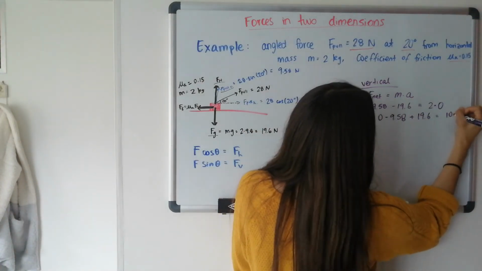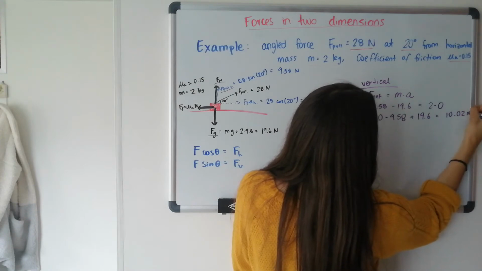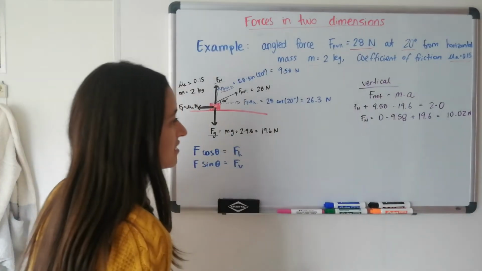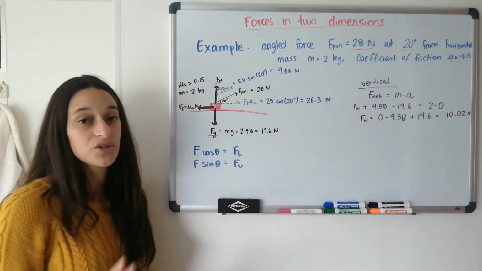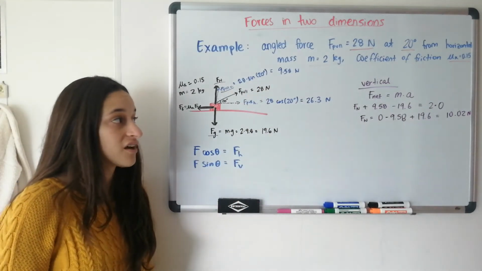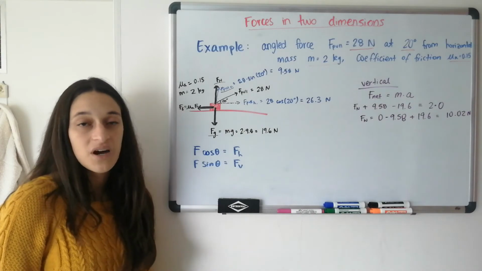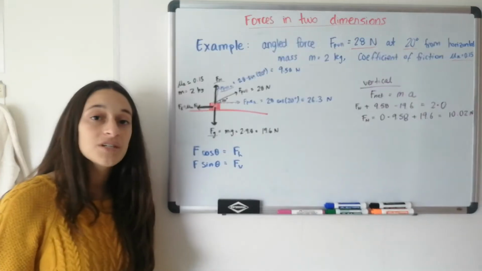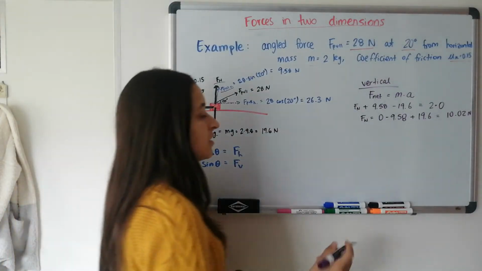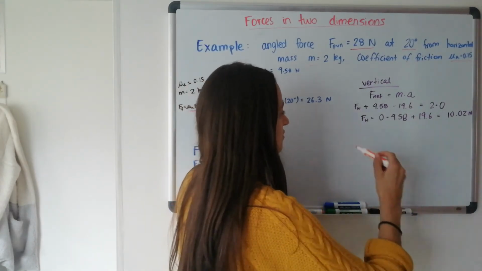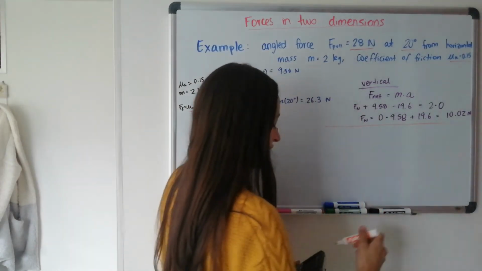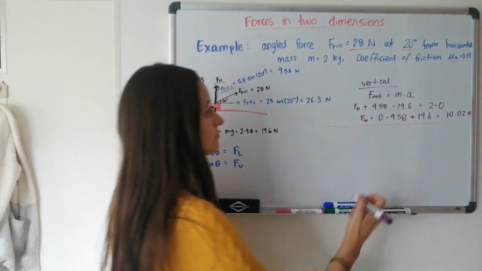So our normal force is 10.02. That's one of our results, and it's all we can do with vertical, since we already used Newton's second law for it. So we can move on to horizontal now. We leave this there, separate it completely, and move on.